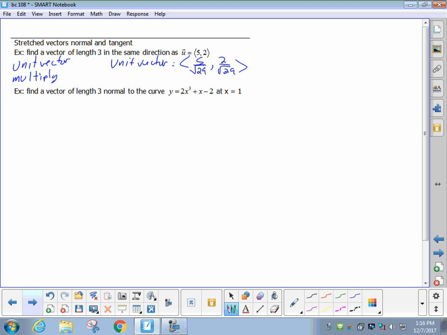If I did the Pythagorean theorem on that, what's the magnitude of that vector? 1. That's a unit vector. That's 1 long. I want it to be 3 long. So how do I stretch it to length 3? I will multiply by 3, so it's 15 over root 29, 6 over root 29.